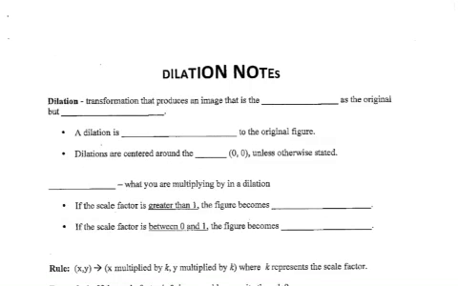Alright folks, today we're going to talk about our last type of transformation, which is a dilation. It's basically a transformation that produces an image that is the same shape as the original, but different size.